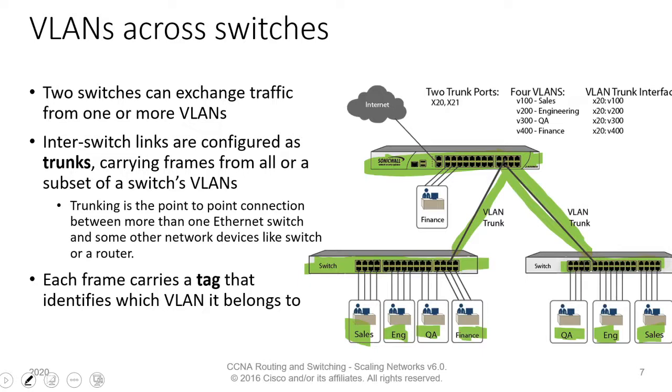So they will carry frames with VLAN identifiers, and each of those frames will have what is called a tag identifying the particular VLAN that they belong to. So that is VLAN trunks and how we would use them to connect multiple switches that carry the same VLANs.